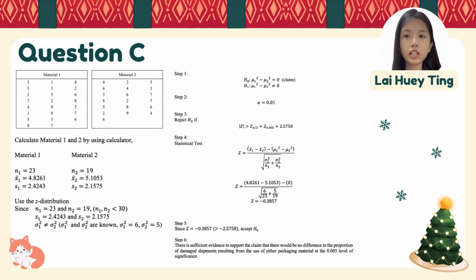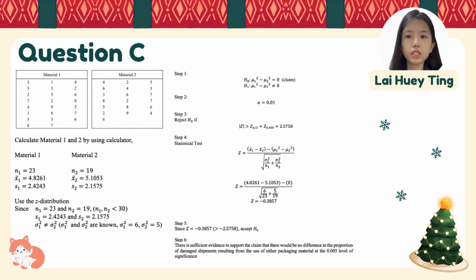Since the significance level is equal to 0.01, we will reject H0 if the absolute value of Z is greater than Z sub alpha over 2, which is equal to Z 0.005, which is equal to 2.5758. After calculating, we find that Z is equal to minus 0.3857.